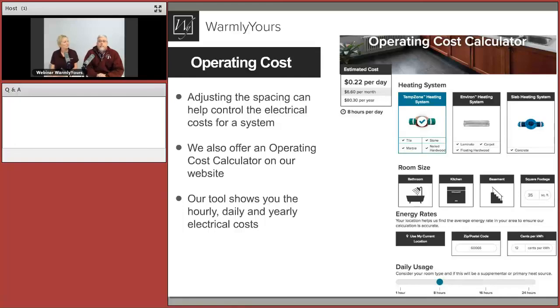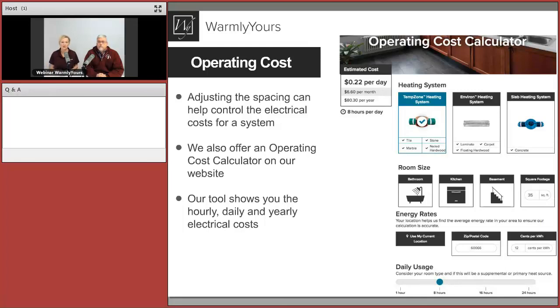All right. We talked about this a little bit as well. On our floor plans, we also show operating costs. But if you want to, on your own, go on our website, we have a tool called the Radiant Heating Operating Cost Calculator. You can go on there and play around. It's a very interactive tool. It'll recognize where you are located, or you can plug in your zip code. You can choose which product you're interested in, the size of the area you want to cover, and how many hours you think you might use the product.